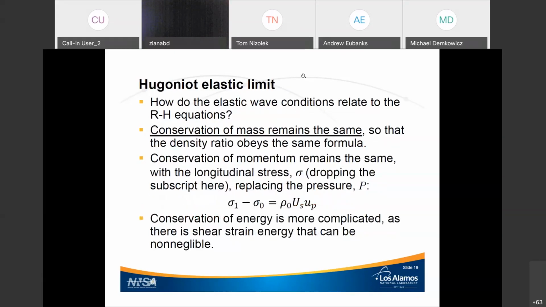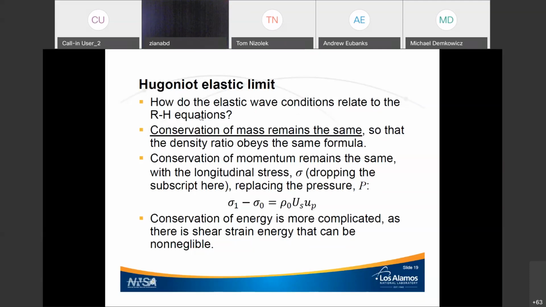Now, there is something called the Hugoniot elastic limit, and the term elastic here should be a clue that we're now talking about something that doesn't really satisfy the hydrodynamic or hydrostatic approximation. How do the elastic wave conditions relate to the Rankine-Hugoniot equations?